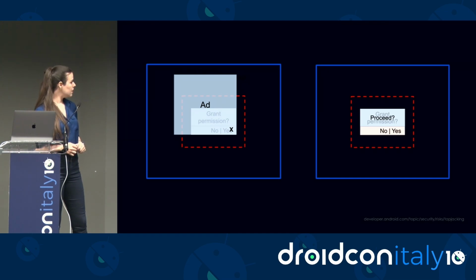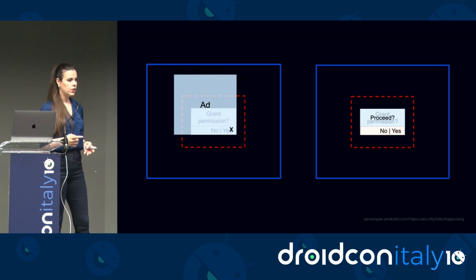And on top of that is this overlay with the advertisement, which basically covers the dialog. When the user thinks they want to close the ad, they don't see the dialog below. And when they click on the X button, their touch gets propagated, and they actually also allow the permissions without even being aware.